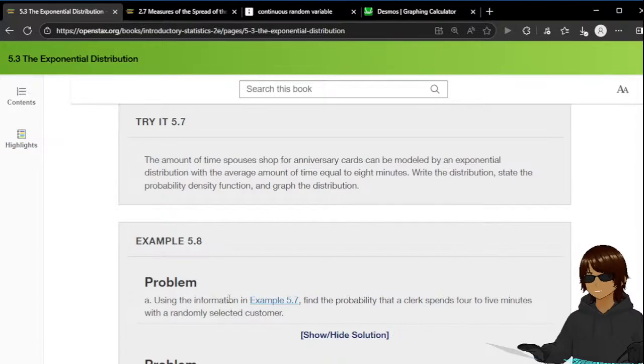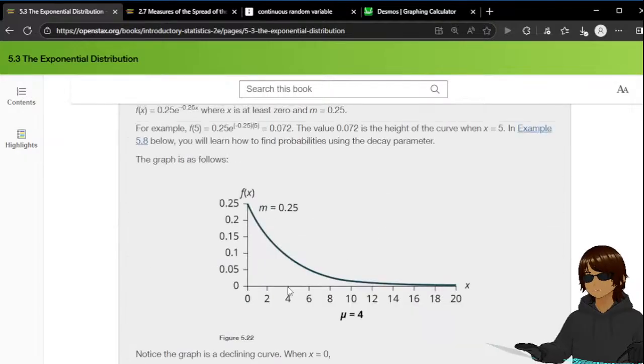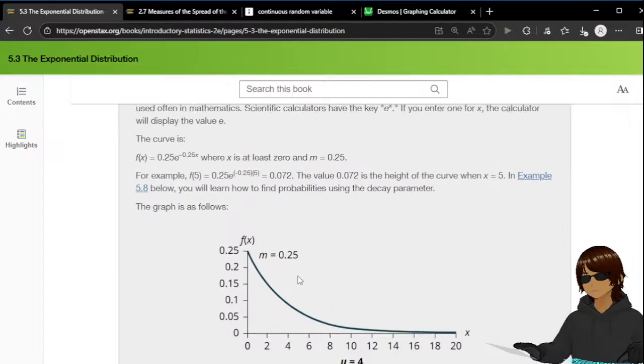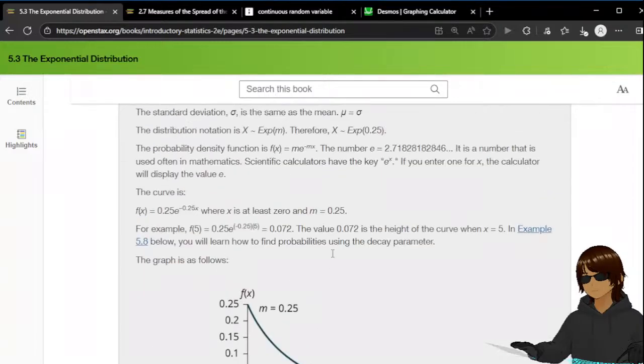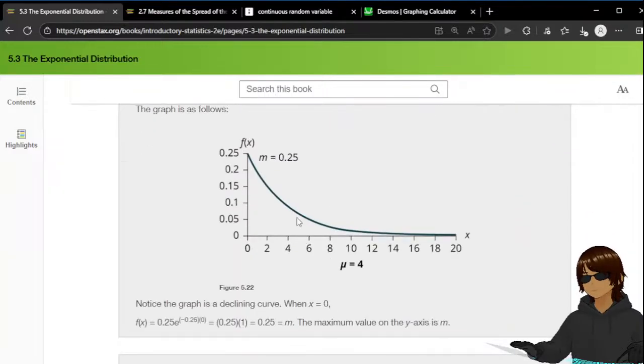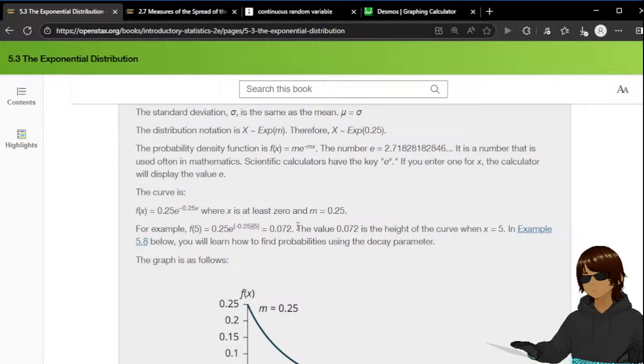Using the information in example 5.7, find the probability that a clerk spends 4 to 5 minutes with a randomly selected customer. So between 4 and 5, right? And that's the area under the curve. We need integration for this.